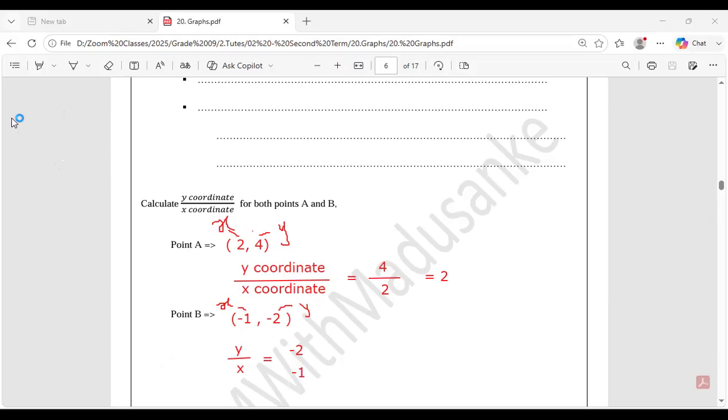So you are going to divide. Negative divided by negative, these two become positive. 2 divided by 1, the value is 2. Right.